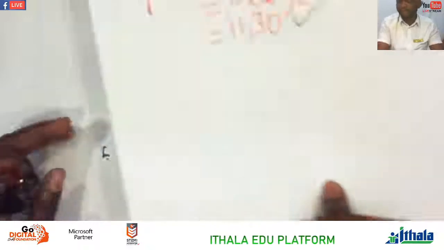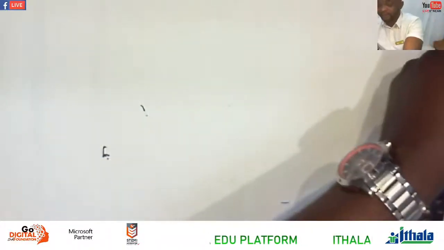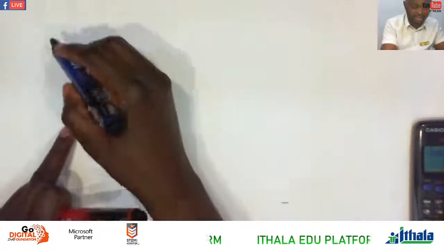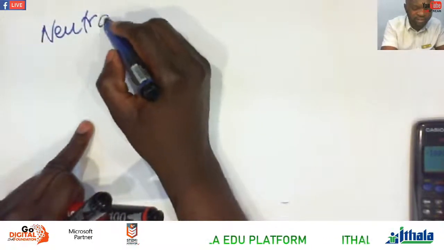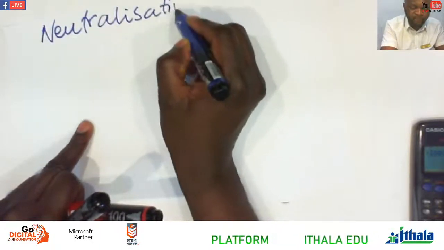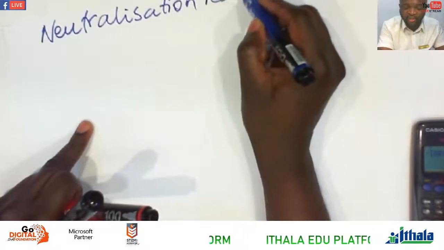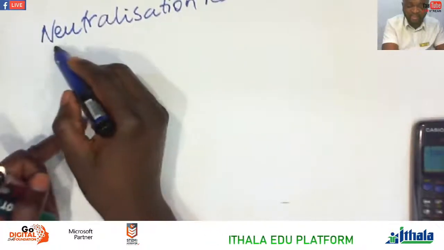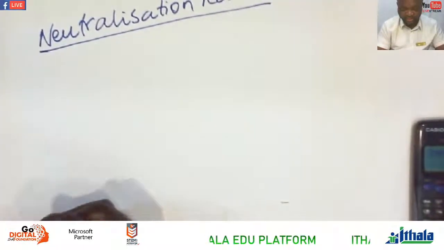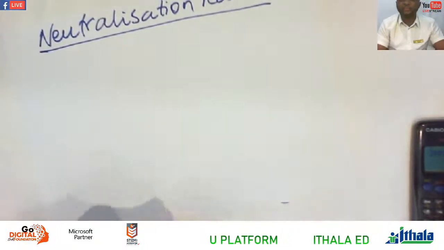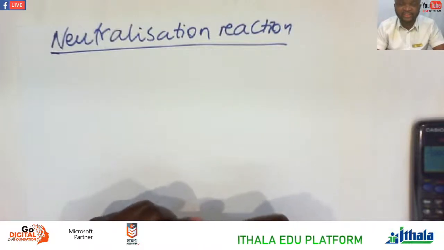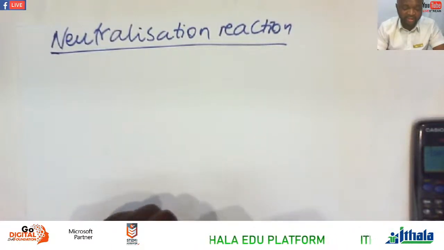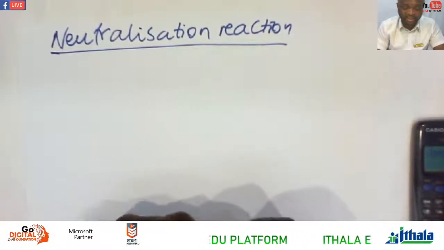Then the next thing we are talking about is the neutralization reaction. A neutralization reaction is a reaction between an acid and a base. An acid neutralizes a base and a base neutralizes an acid. When you mix an acid and a base, the pH of the acid goes up because you add the base, and the pH of the base goes down.